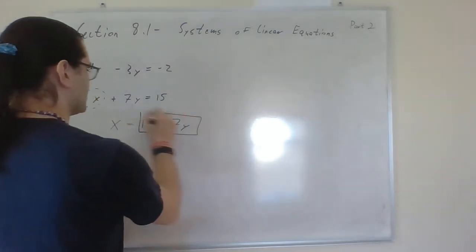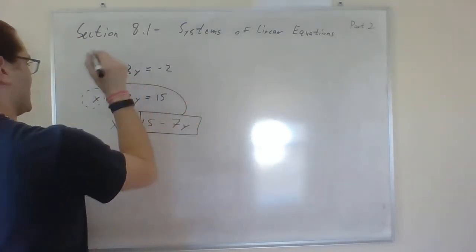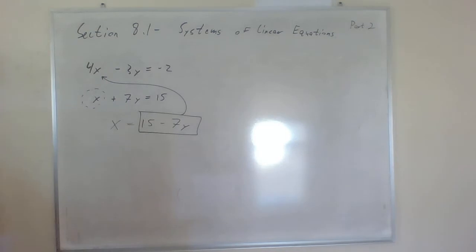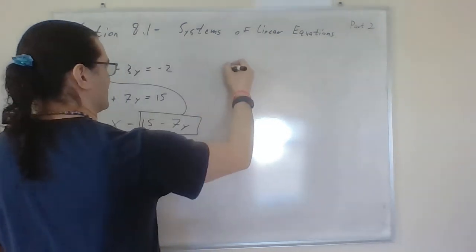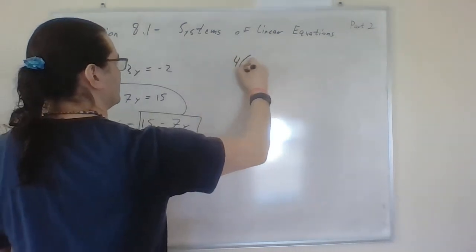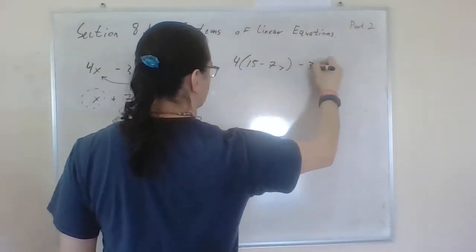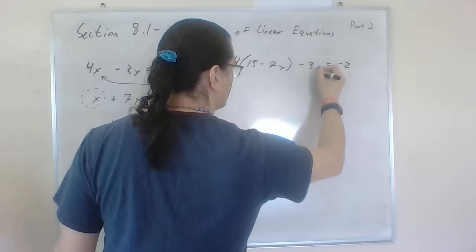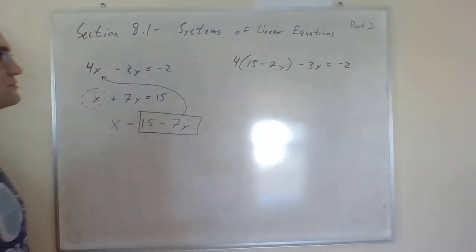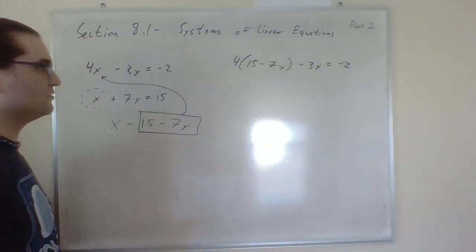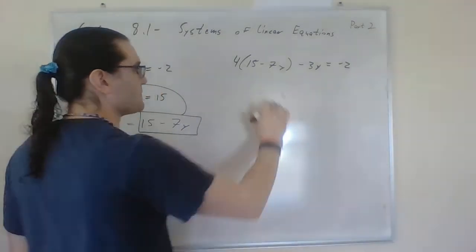And we can plug this thing into this x. I'm going to get that 60 anyway. That's all right. 4 times 15 minus 7y minus 3y equals negative 2. This is my substitution equation that I can now solve for y's.